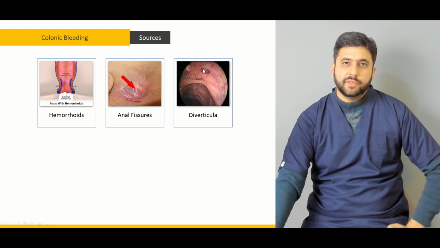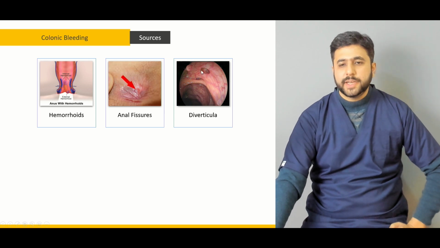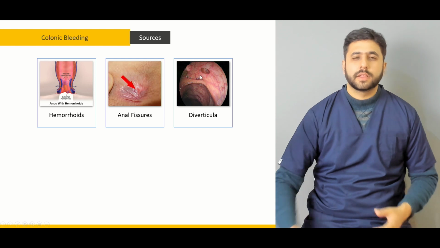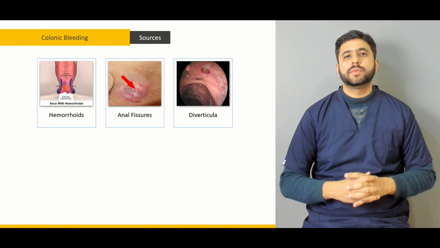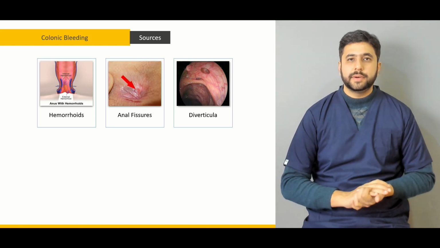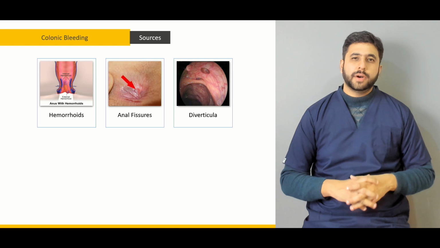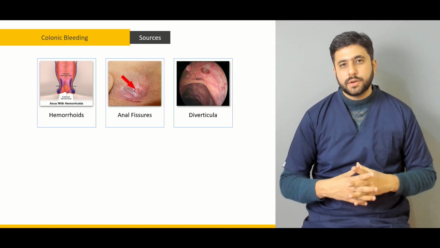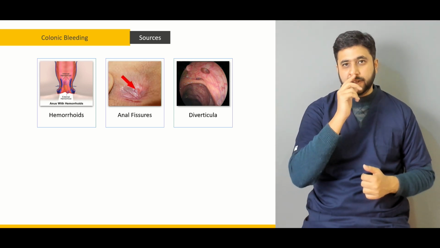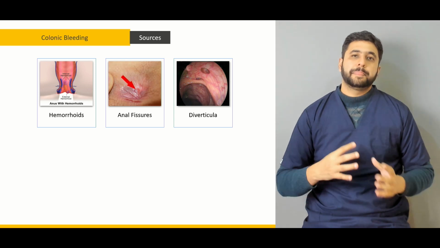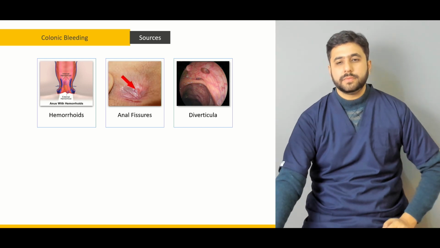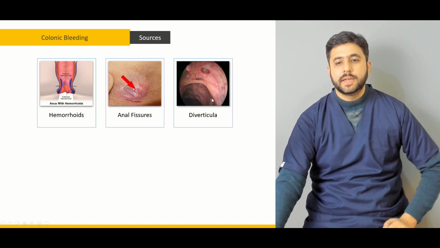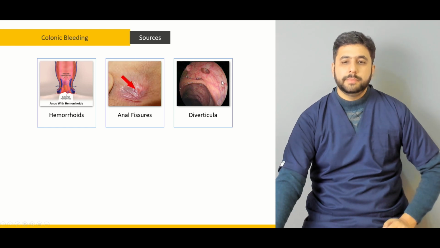Why are these diverticuli formed, you may ask. These diverticuli are generally outpouchings of the bowel, and these are generally formed in patients who take a lot of meaty diet, or a lot of beef, and someone who takes very little fiber. This leads to increased stress on the bowel, and in the long term, if a patient is not taking a lot of fiber and is taking a meat heavy, protein heavy or fat heavy diet, this can lead to outpouching of the bowel in various compartments, and they generally present with bleeding.